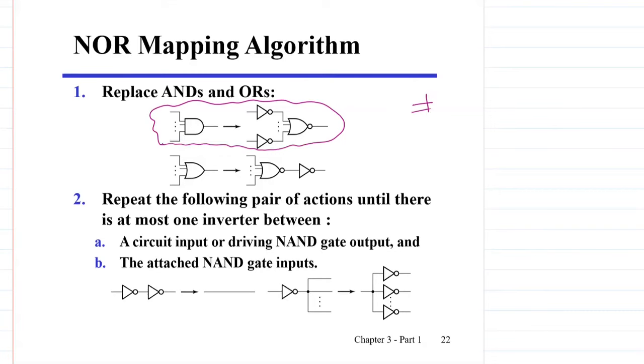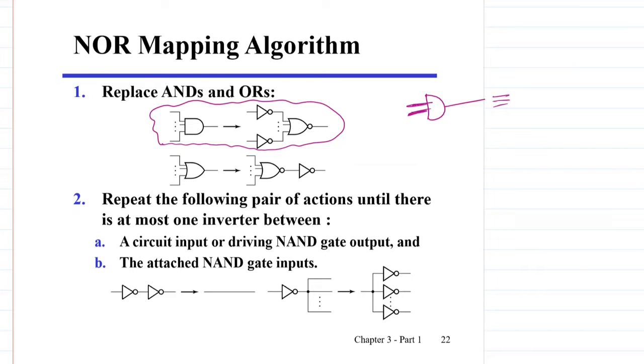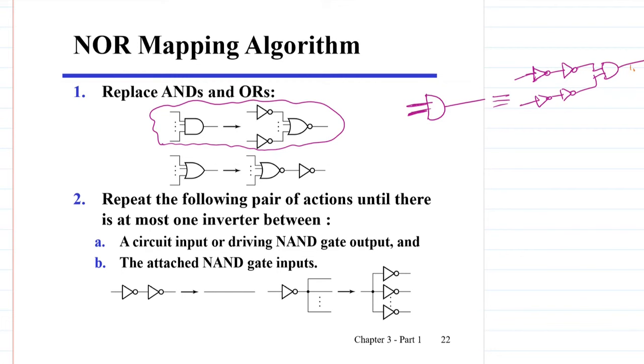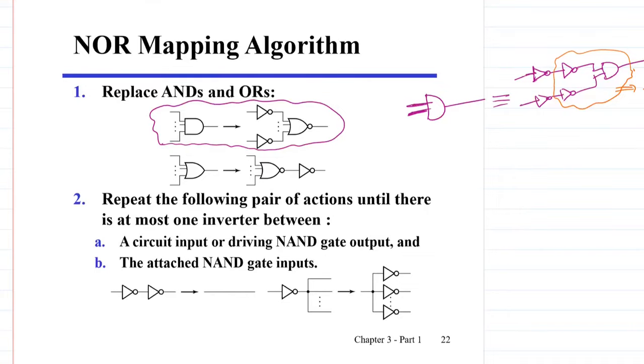If we have an AND gate with 2 inputs, as you can see here, we can replace that by placing 2 inverters one after the other one at the input side and the AND gate. And then we know that the combination of the inverters and the AND will be equivalent to the NOR gate.